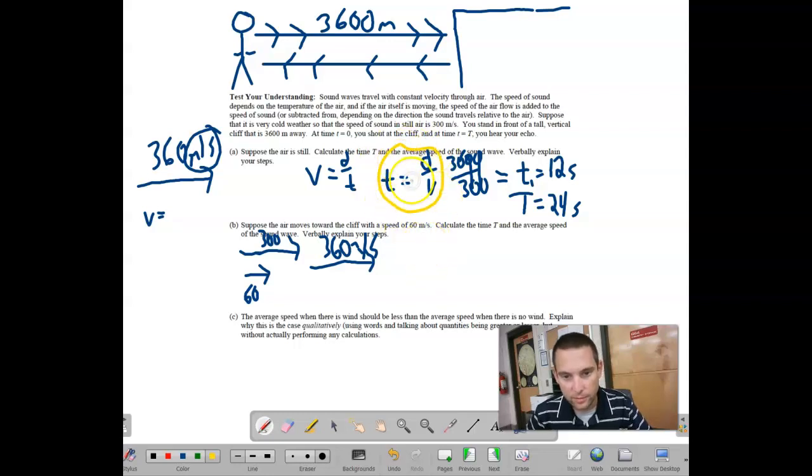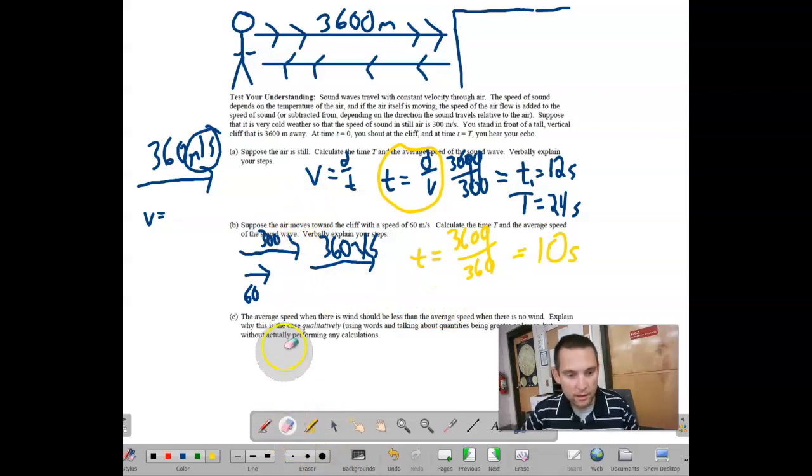So we get the time to get to the cliff is going to be 3,600 divided by 360, because we're moving in the same direction. There's our zero trick, and that's going to give us 10. Don't forget to write your units. So 10 seconds to get there.